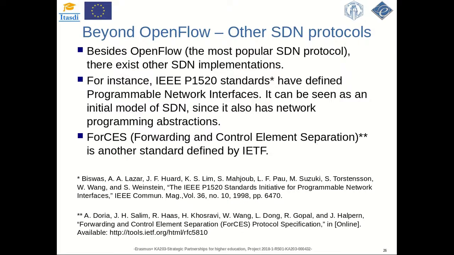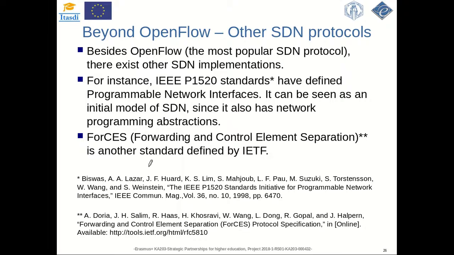Beyond OpenFlow, other SDN protocols also exist. For example, the IEEE 1520 standards have defined programmable network interfaces, and it can be seen as an initial model of SDN since it also has network programming abstractions.